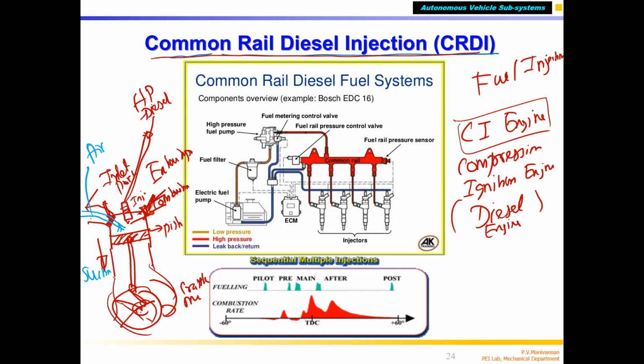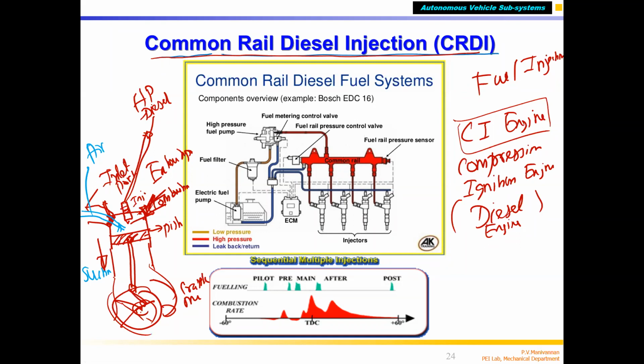That's the PFI, port fuel injection system. The air-fuel mixture enters the combustion chamber at the end of the suction stroke. Then compression happens, the mixture is compressed, and then you give a spark.